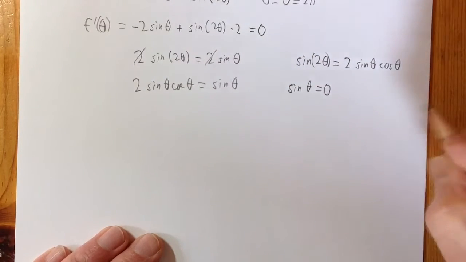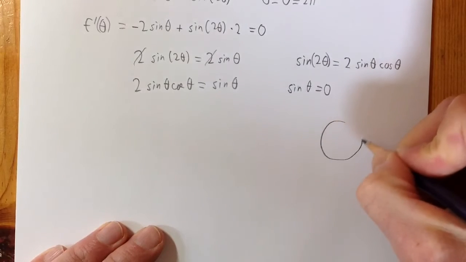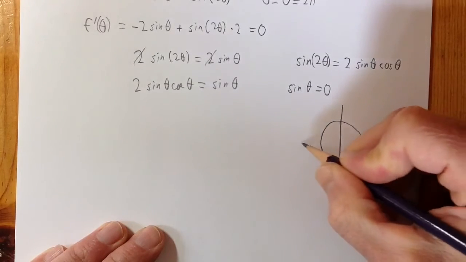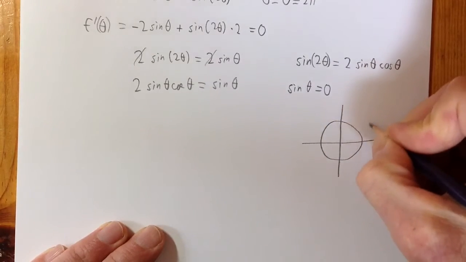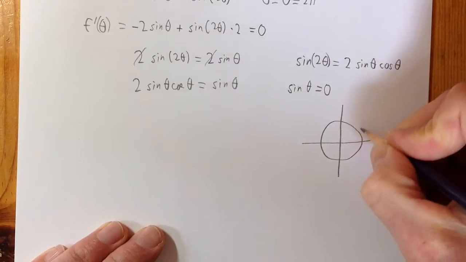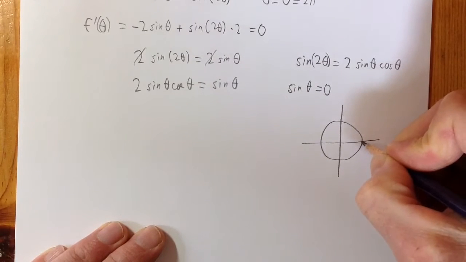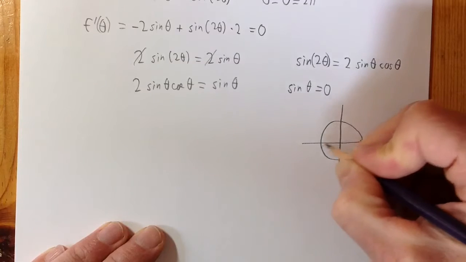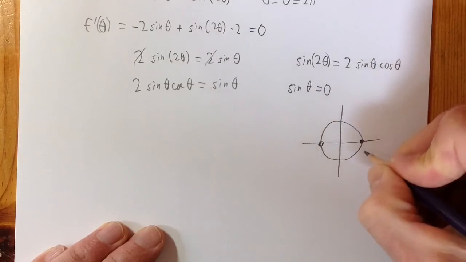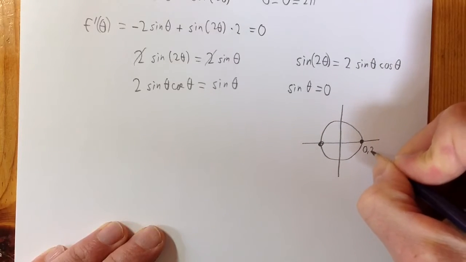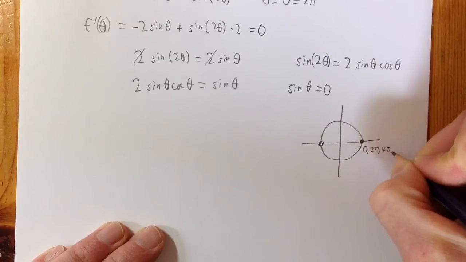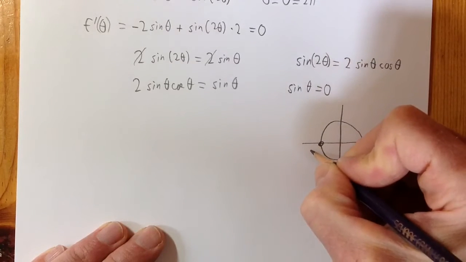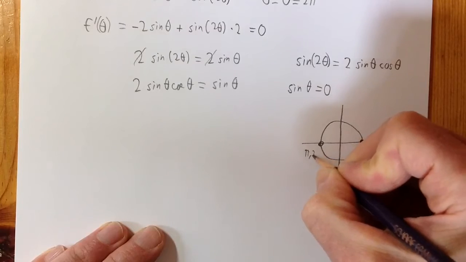Now, when does sine of theta equal 0? Let's draw our unit circle. Sine is the y value, so sine is how high above the axis. So sine of theta is equal to 0 here and here. So that's 0, 2 pi, 4 pi, going on forever, and also at pi, 3 pi.